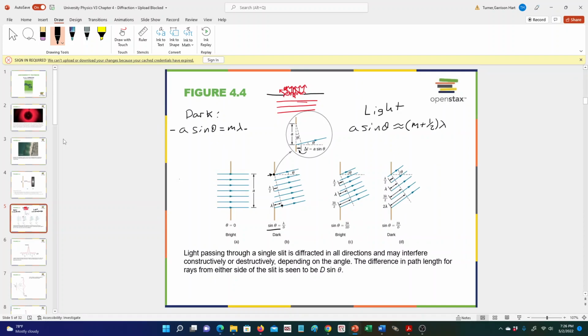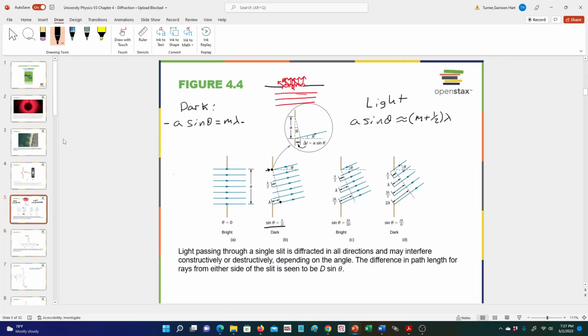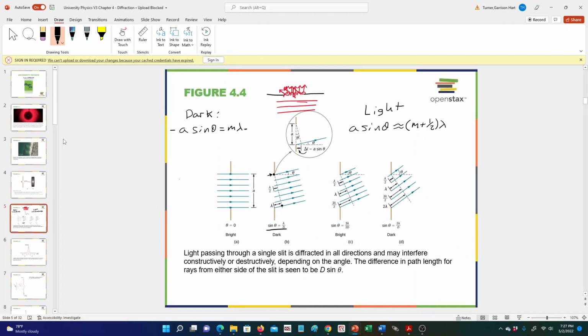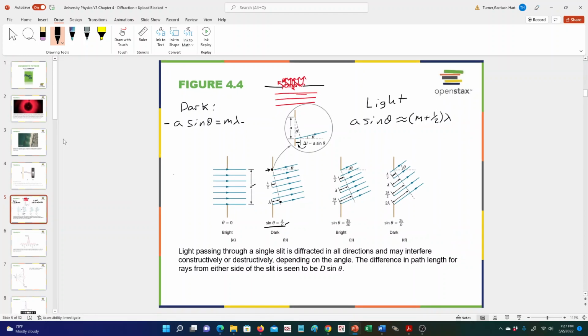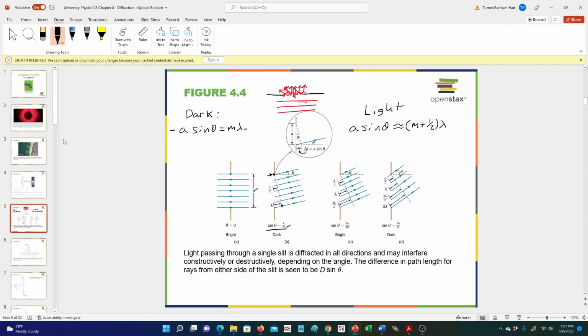So when the sine of theta is equal to the wavelength divided by the distance. Now they're changing nomenclature here. They used A as the width of their slit here, and that's what they're using as D right here. But in any case, A sine theta equals m lambda, and you can see the same thing happens when you go to a path length of twice the wavelength.